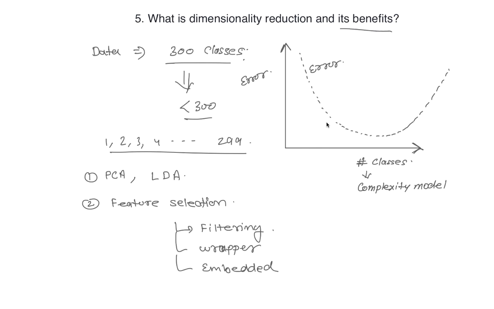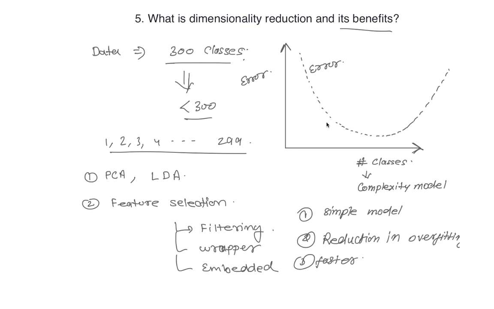So what are the benefits? The benefits are a simpler model, reduction in overfitting, so it reduces the chances of overfitting, third a faster model, and fourth a lighter model.